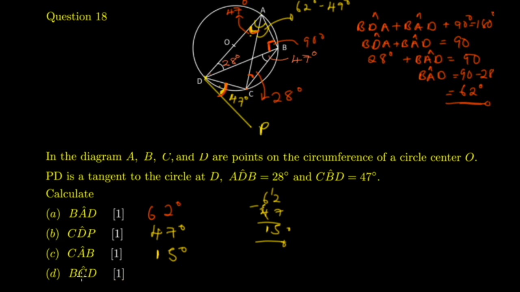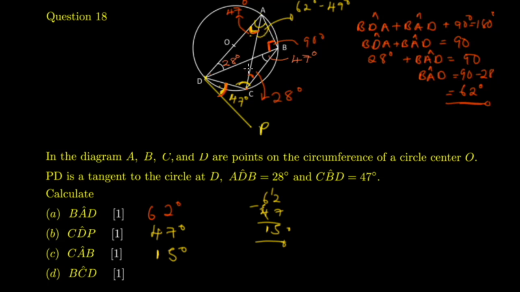And the last part says BCD. So B, C, D. So BCD, this angle is the angle that we want. So this whole angle here. And we use this theorem: ABCD is a quadrilateral. So here, this angle is opposite this whole angle here. We had determined that this whole angle is 62.